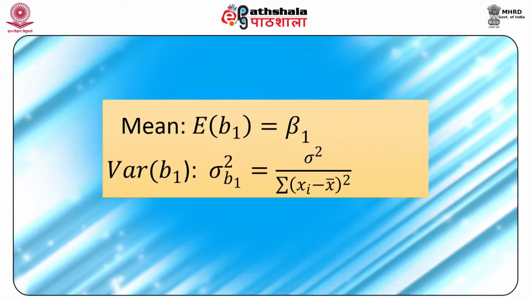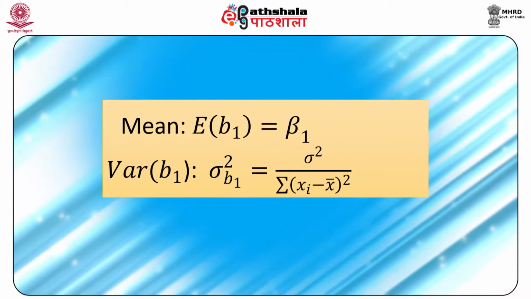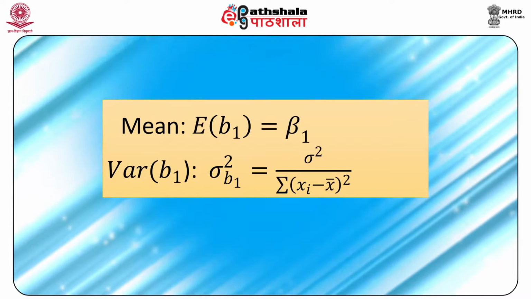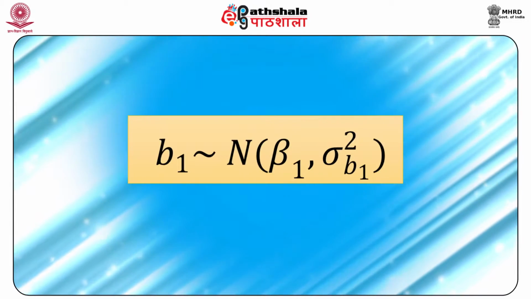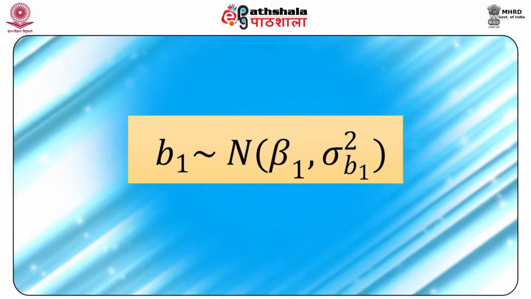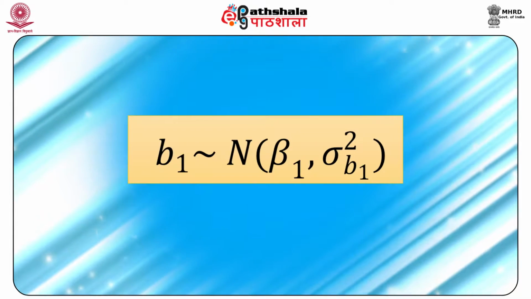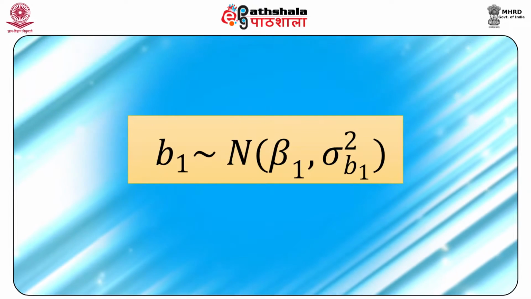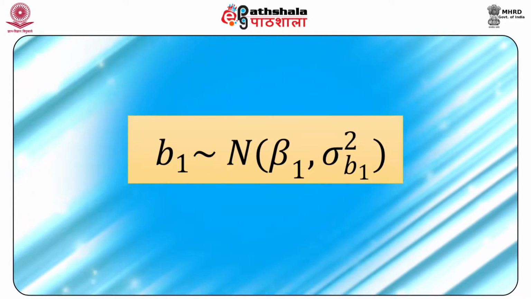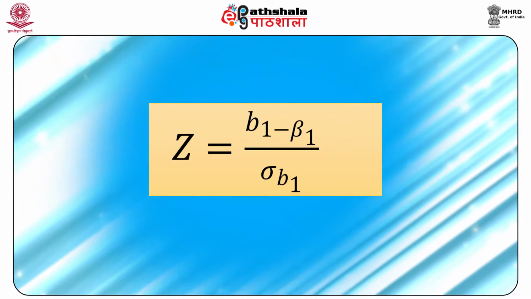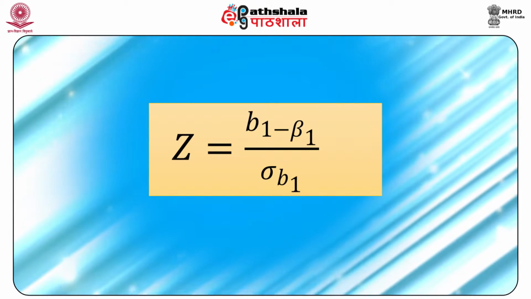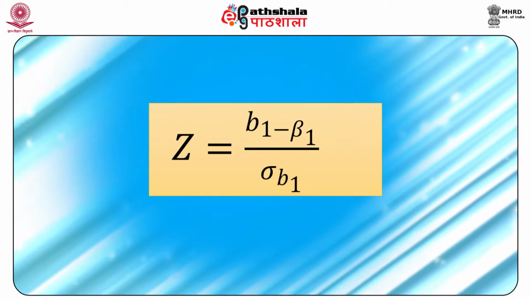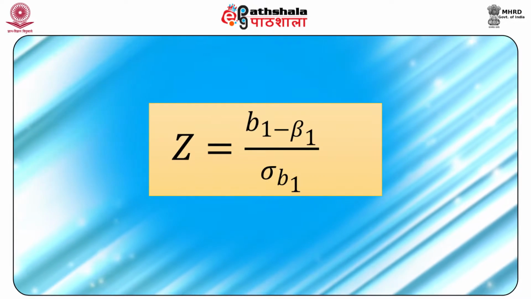I'm sure you are familiar with these results which we have discussed in our earlier modules also. Now, in a more compact form, this can be written as B1 distributed normally with mean beta 1 and variance sigma B1 square. Then the variable z, defined as z equal to B1 minus beta 1 upon sigma B1, also follows the standard normal distribution.